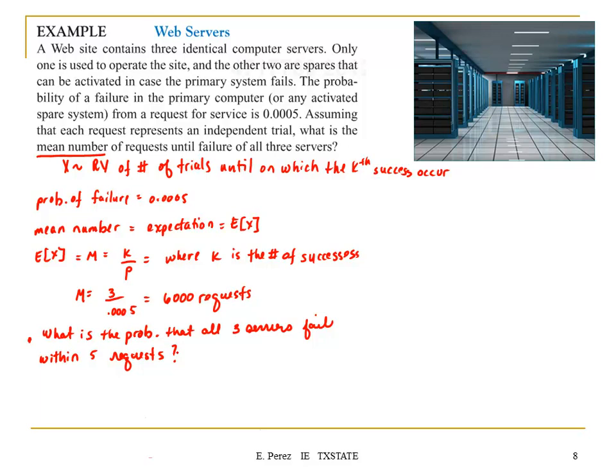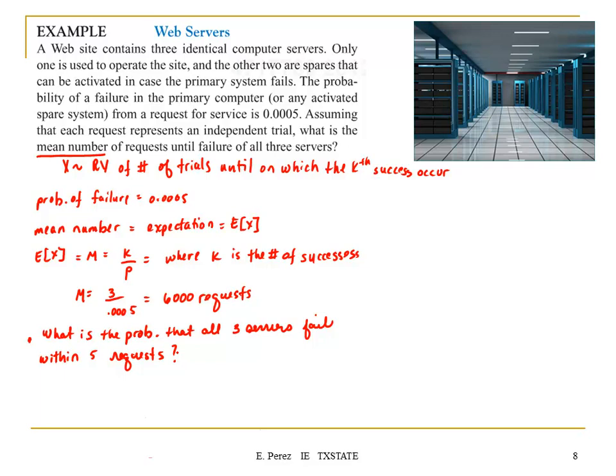Anyone like to try to express that for this random variable in terms of the probability? And I'll give that person a point for the next exam. You want to try it here. If I can find a marker. So what is the probability that all three servers fail within 3 requests?